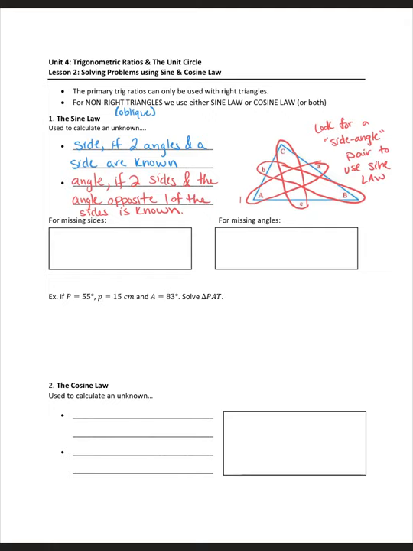So what I mean by that is if we're trying to find a missing side, we'd say that side A over sine of angle A is equal to side B over the sine of angle B, which is equal to side C over the sine of angle C. All right, those angle side pairs create a ratio that's proportional to the other angle side pairs. So that's what sine law states. So if we're trying to find a missing side, we put the side length on top of our ratio.